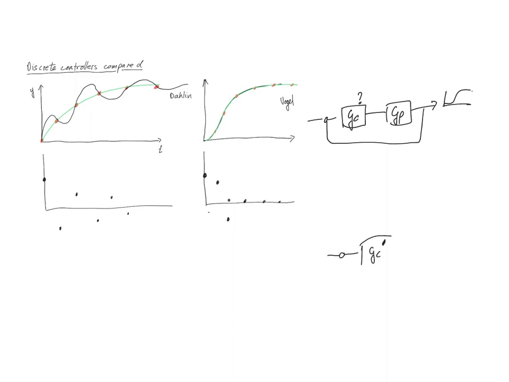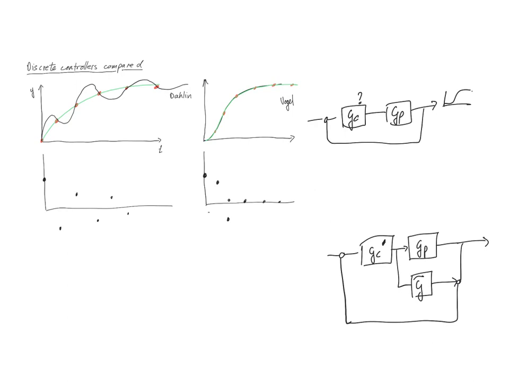We distinguish between the traditional straightforward feedback controller GC and the IMC controller GC star, where we now have a model in parallel to that system, and where we are subtracting the model prediction from the measurement and using that as the feedback target.